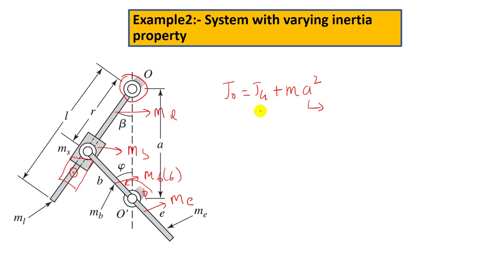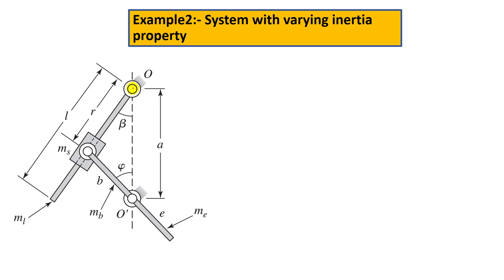Now in order to derive this equation, suppose we want to develop a relation between r, a and b, or r_e and a, or any other. Looking at this image, if we look at O, the CG of this block, and O dash, it represents a triangle.